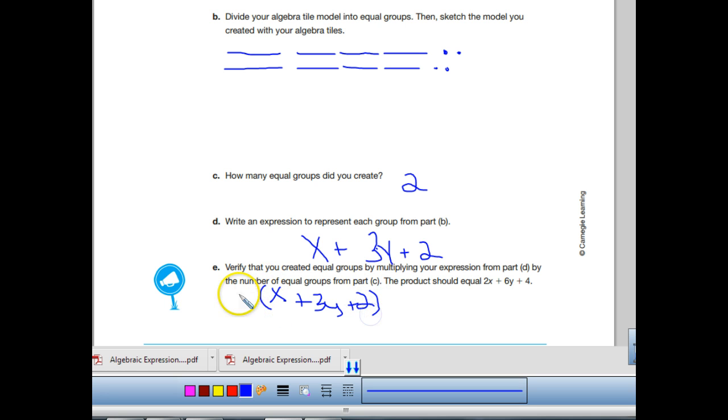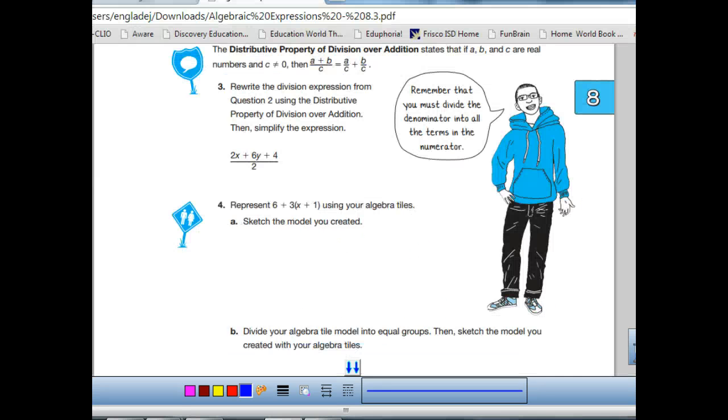I had 2 of those groups. So using the distributive property over addition, I got 2x plus 6y plus 4. My pen isn't working, so this is my mouse. That's why my handwriting looks so weird. I'm not sure why it's not working very well. All right, so yes, we do have that expression, so we are in good shape.